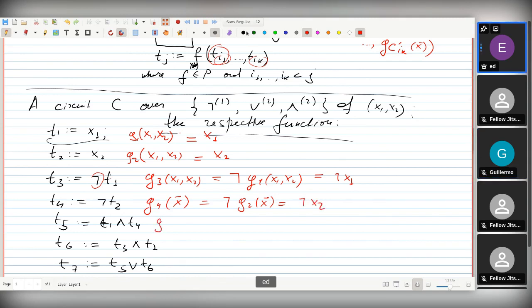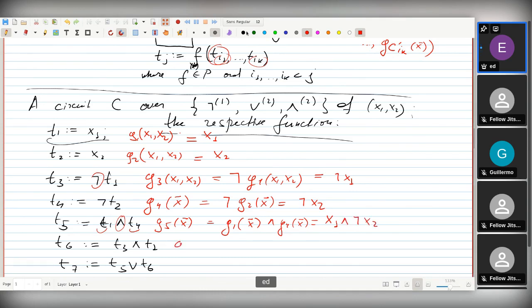What about g5? It must be conjunction applied to the values of g1 and g4. But what is g1? x1, and g4, not x2.